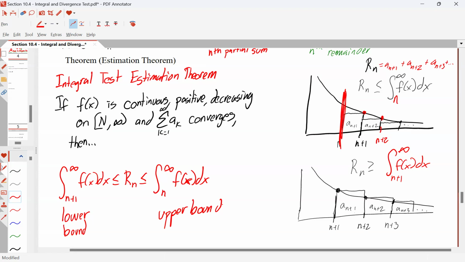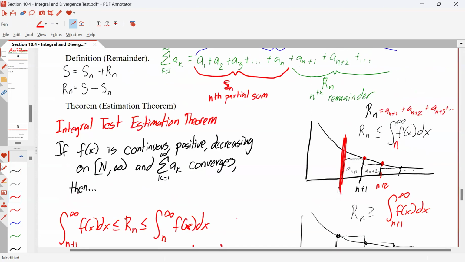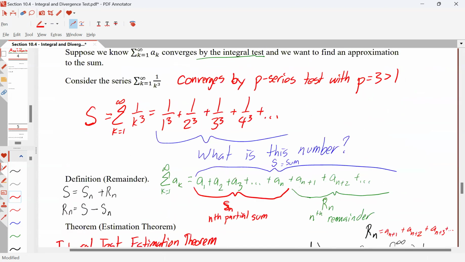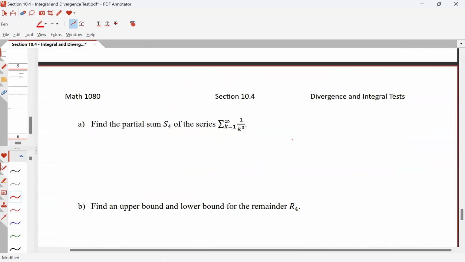So let's return to our problem of the series 1 over k to the third. Suppose we find the fourth partial sum of the 1 over k to the third series. S sub 4 is those first four terms.